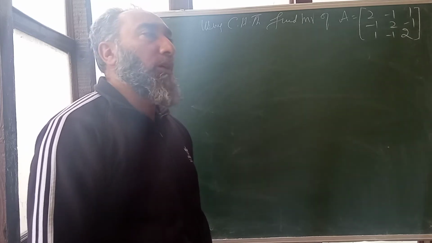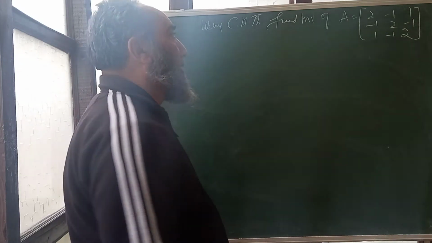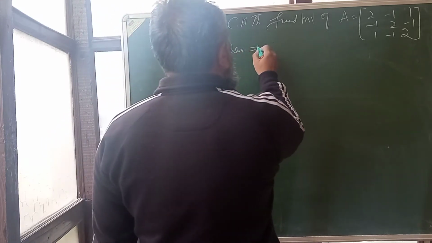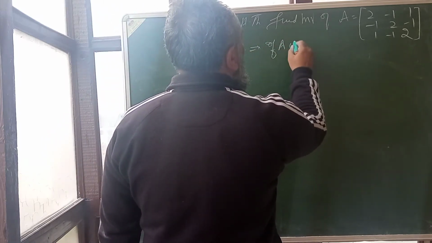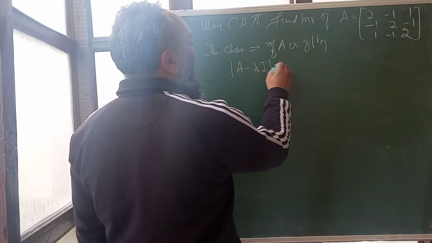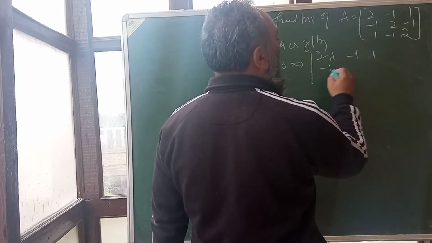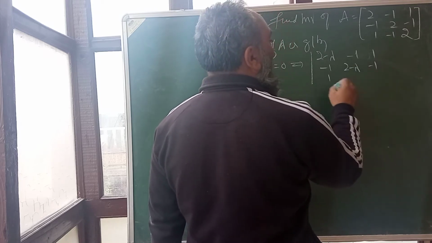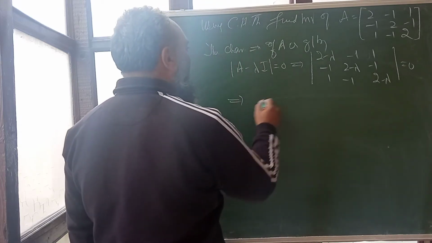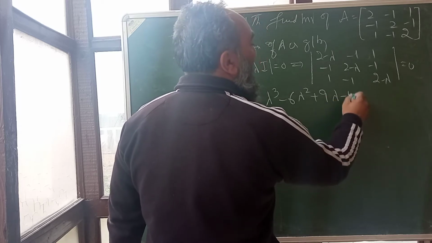In this question we have already found the characteristic equation of A. So I will write down the characteristic equation of A. It is given by determinant of A minus lambda I equals 0, which means the determinant of the matrix with rows 2 minus lambda, minus 1, 1; minus 1, 2 minus lambda, minus 1; 1, minus 1, 2 minus lambda is equal to 0, which means lambda cube minus 6 lambda square plus 9 lambda minus 4 equals 0.